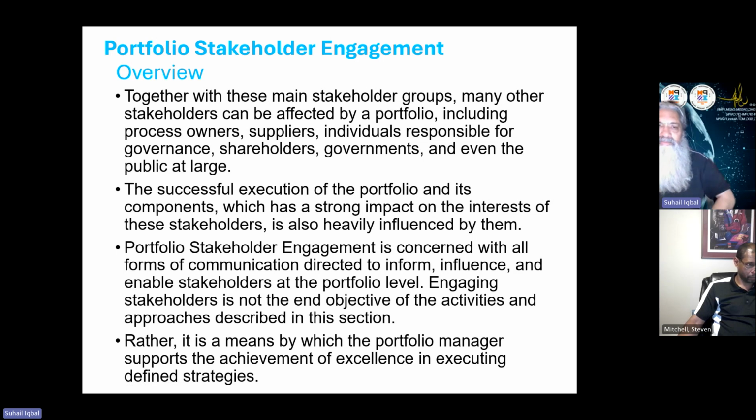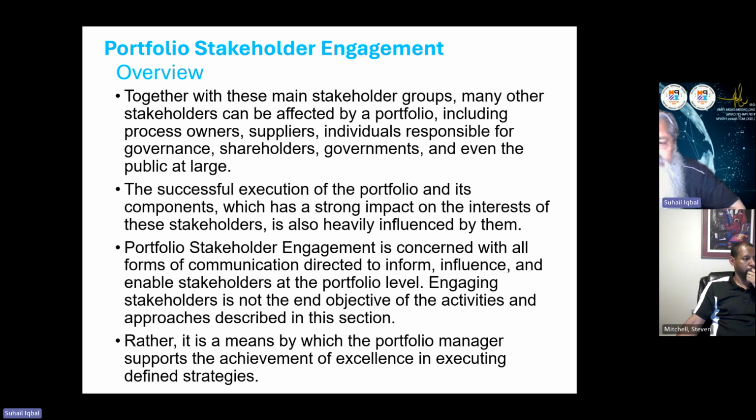But here, because the portfolio governance is created by the executives and the steering committee and all, they all are stakeholders then. Shareholders of the organization, governments, and even the public at large. So my definition is correct. Anyone and everyone.